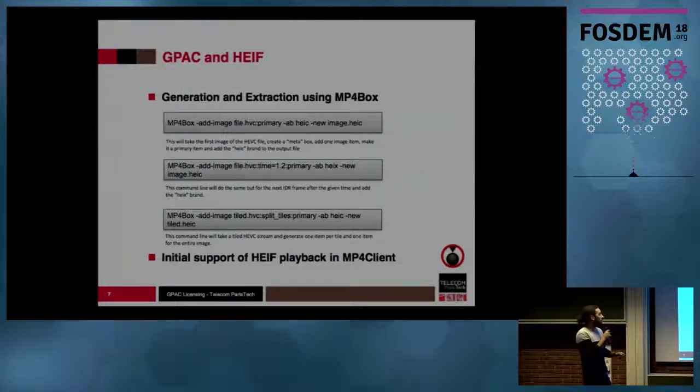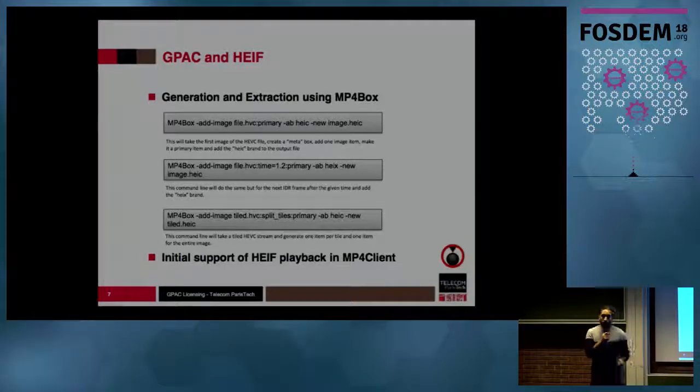Here we have some commands that you can use to generate and to extract using MP4Box. The first command will take the first image of the HEVC file, create a meta box, add one image item, make it a primary item, and add the HEIC brand to the output file.